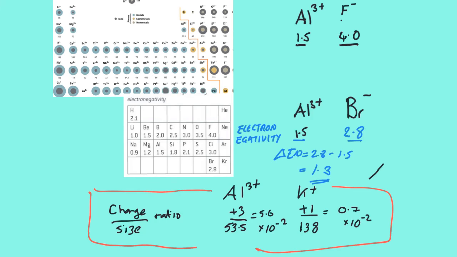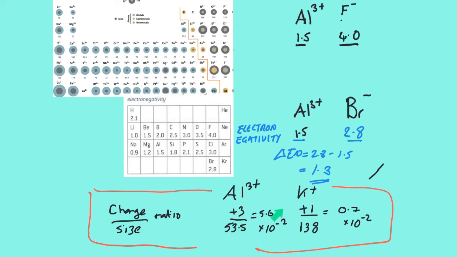So let's remind ourselves about the charge-size ratio. Let's compare aluminium ions with potassium ions. Aluminium ions have a charge of +3, potassium ions have a charge of +1. If we now go to the size of the ionic radius, aluminium's is 53.5 nanometers, whereas potassium's ionic radius is 138 nanometers.